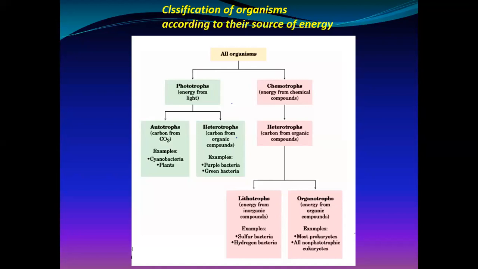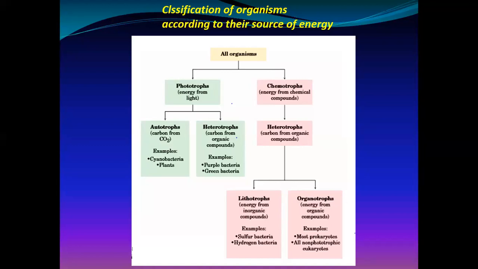When you look at the phototrophs, they assimilate carbon dioxide into nutrients. Examples are cyanobacteria and plants. And heterotrophs derive carbon from organic compounds, purple bacteria, green bacteria. Chemotrophs get energy from chemical compounds.